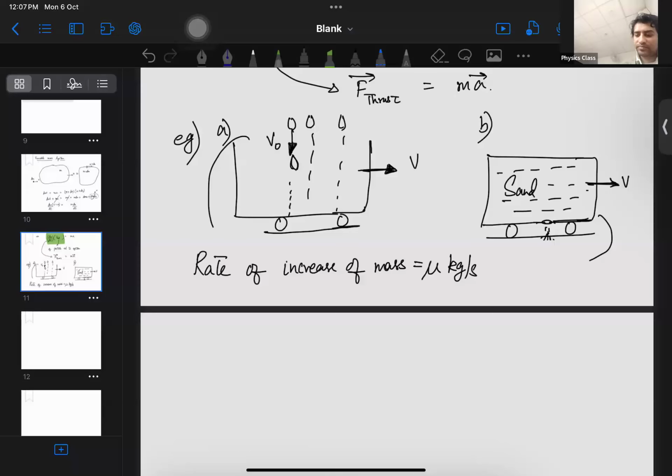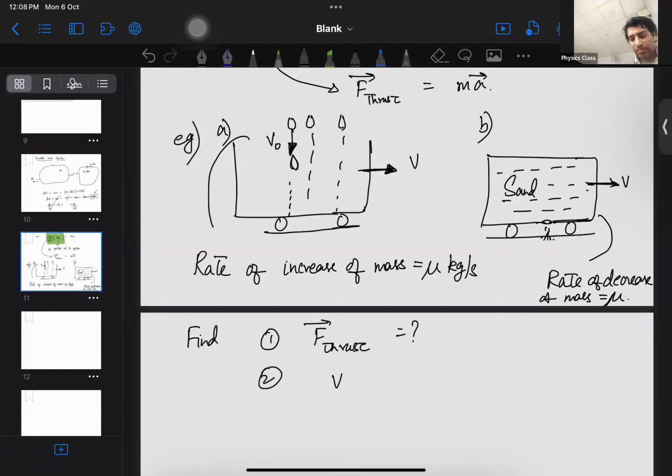The rate of change of mass is also mu. What do we want to find? Number one, the thrust force is how much. Number two, what is the velocity as a function of time?